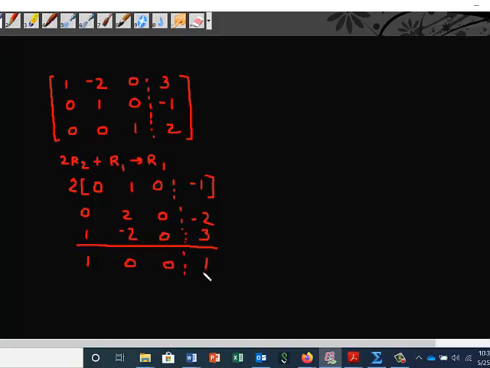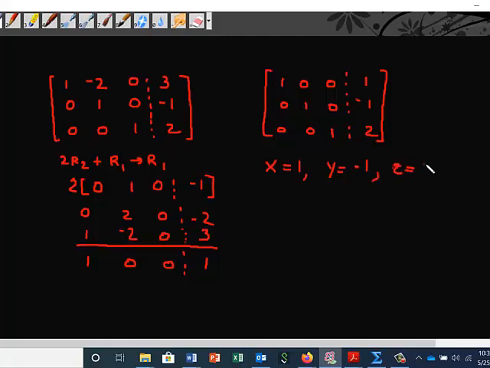So actually our final answer, let's look at our matrix first. In reduced row echelon form, we have our identity, as you see. This is going to be 1, -1, and 2. So what is our answer? Our answer is x is equal to 1, y is equal to -1, and z is equal to 2.